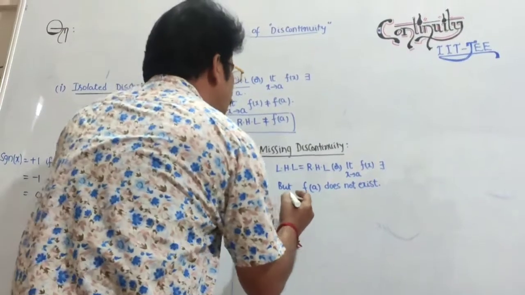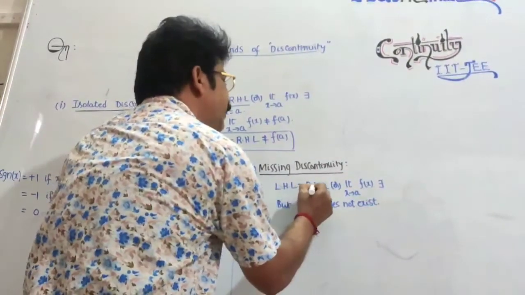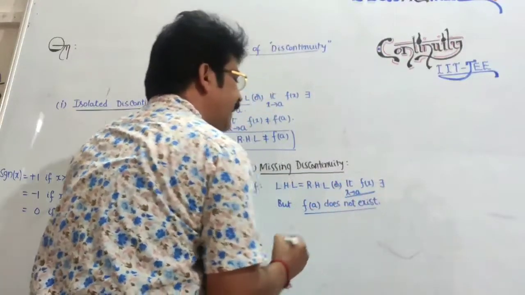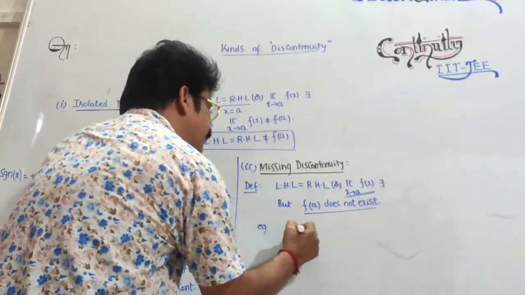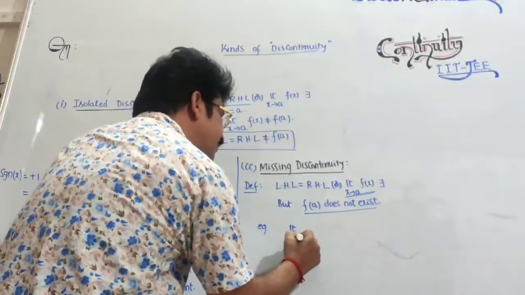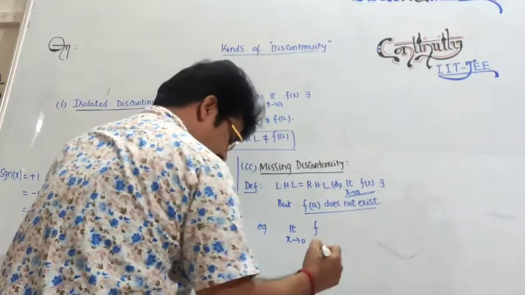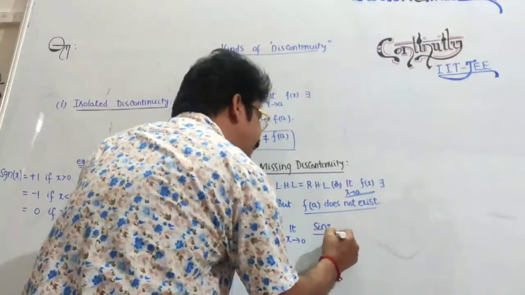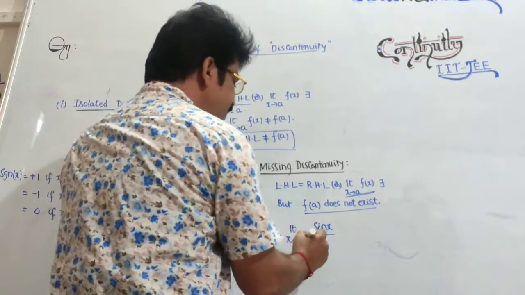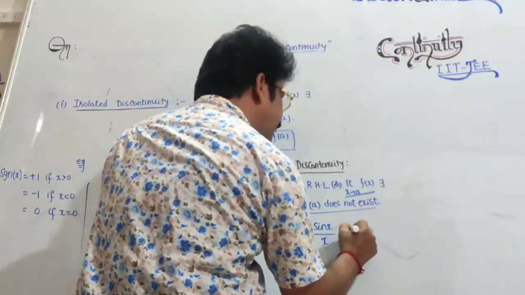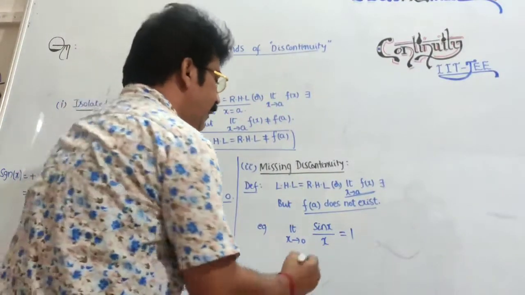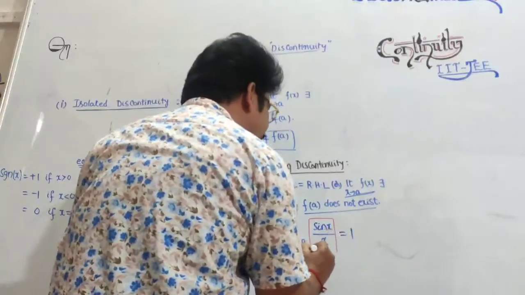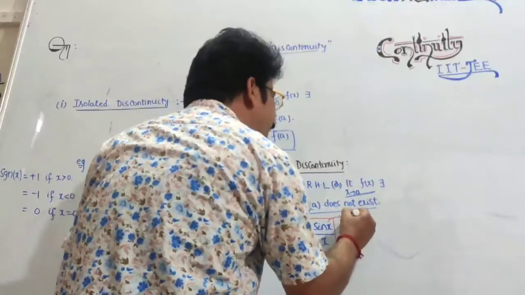Next example, for left hand limit equal to right hand limit, or limit exists but f of a does not exist. Example, limit as x tends to 0, the function is f of x. Okay, I will write directly the function sin x divided by x. Limit as x tends to 0 of sin x divided by x. Actually this is standard formula 1. Let this function be f of x.